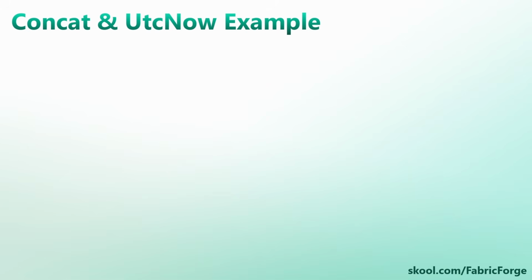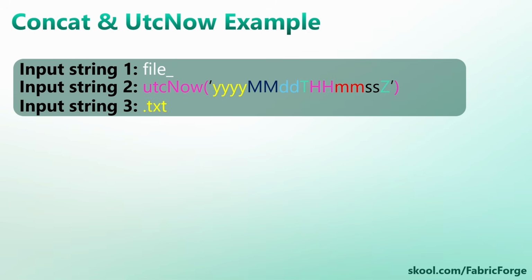And from my color coding, you can see how these numbers map to the format that I used as an example here. Now let's do one more example where we combine these 2 functions together. We're going to use the concat function as our main function, but with a little twist, since the first input string is going to be file underscore, but our second input is not going to be a regular string. We're going to use the UTC-now function with the format as our second input parameter. Then our third parameter is going to be .txt.